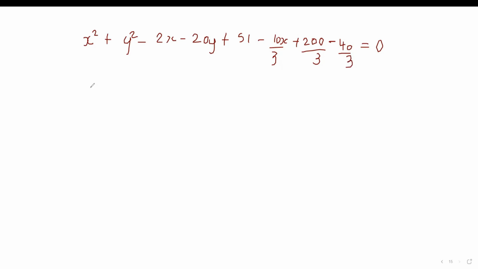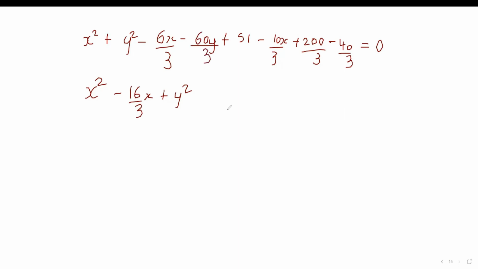Now, Marika, we're going to simplify. We're going to get x squared. Now, minus 2x minus 10x. You see this minus 2x here? 2 is really 6 over 3. So minus 6x minus 10x is actually minus 16 over 3 times x. That's our x term. Then group up the y's, plus y squared. Now you see this 20y is actually 60y over 3.